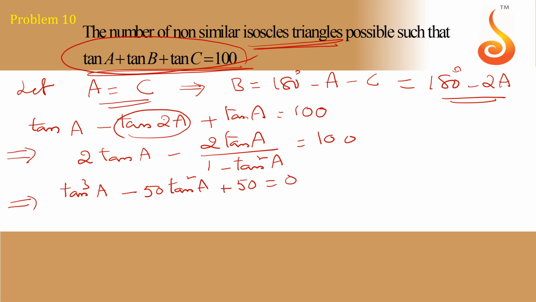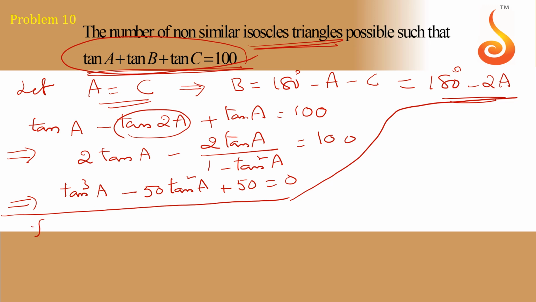Okay, now let us assume tan A equal to x. Then let us have a function f of x equals x cube minus 50x square plus 50. It's a cubic equation.